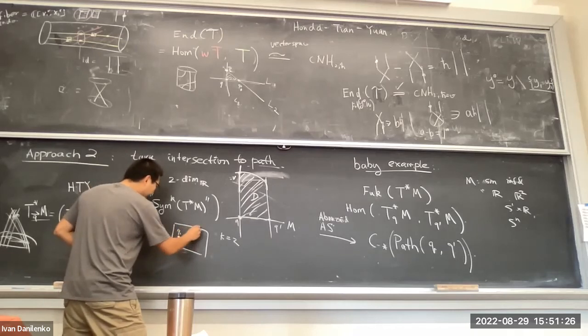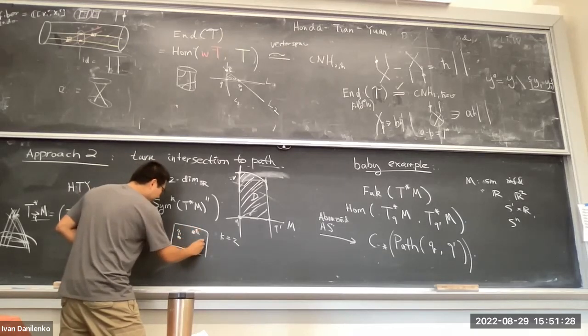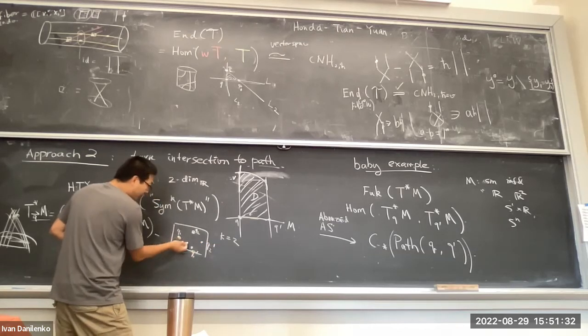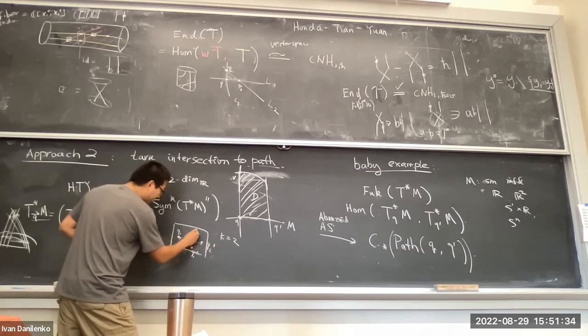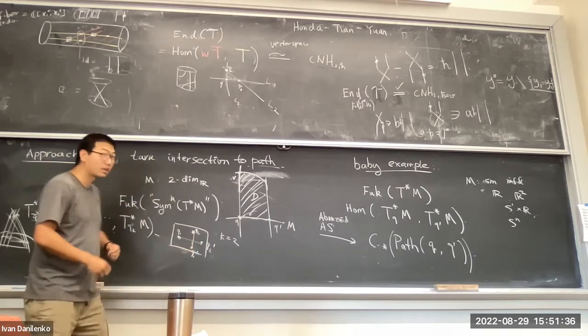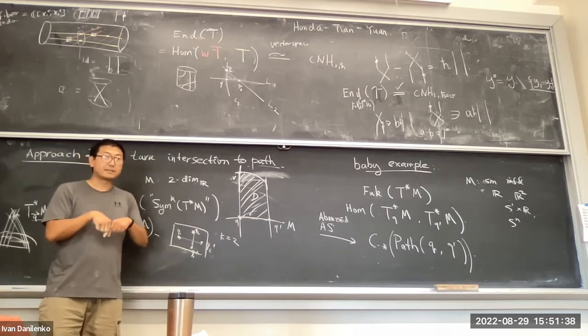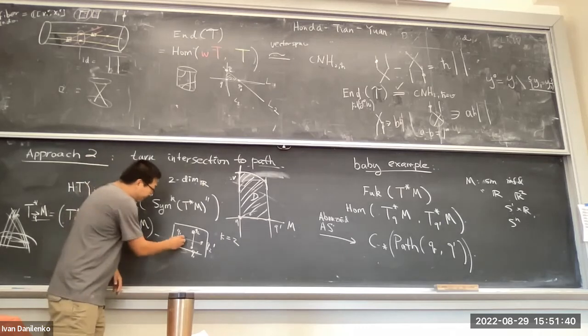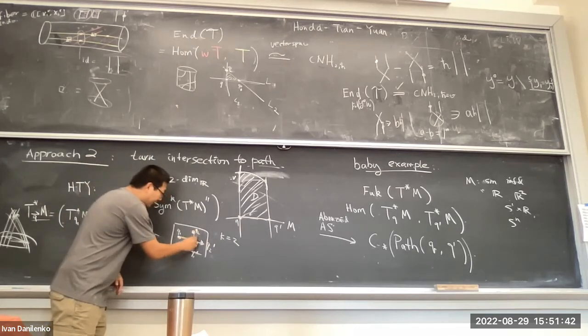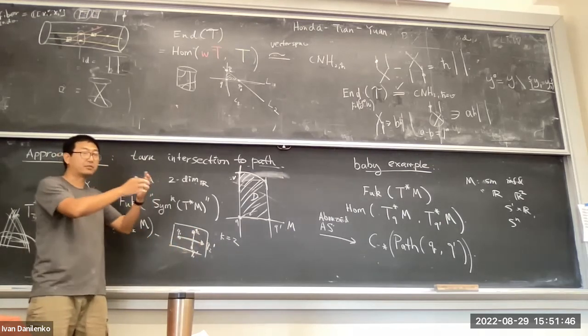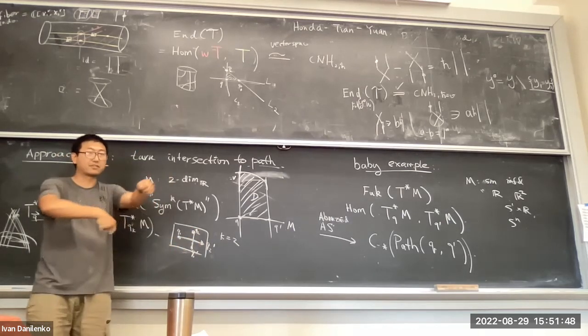Say here's my Q1, here's my Q2, here's my Q1 prime, here's my Q2 prime. Suppose I'm trying to describe the path that goes like this. That actually can happen in two ways. You can have this guy go very fast, and then this guy goes, or this guy goes very fast, and then this guy goes. It's like we have a red, green light, and which one goes first.